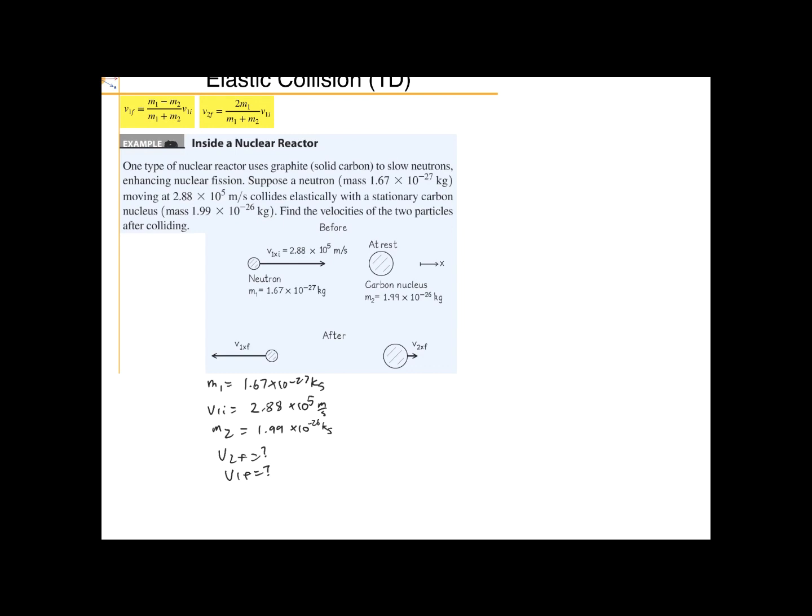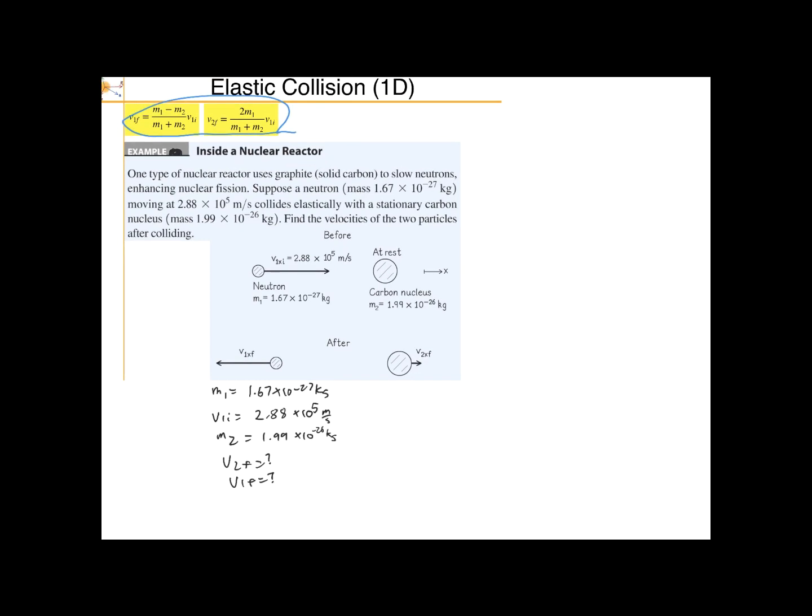And so we can do both of those using our two equations here. So let's find V1 final, right? That's just going to be M1 minus M2 over M1 plus M2 times V1 initial. So if I plug in all those numbers, I get minus 2.4 times 10 to the 5 meters per second. So as expected, the neutron is moving in the opposite direction.